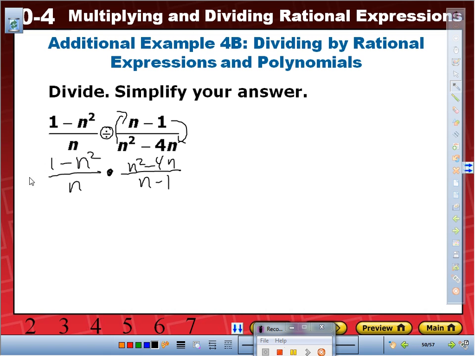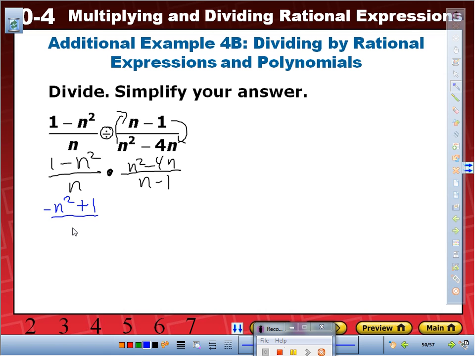Let's focus on the first fraction. For the first fraction, we have subtraction. Do we have a GCF? No, but we notice that the variable is at the end and the constant is at the beginning. Is it in standard form? No, we need to switch these. So therefore, we write negative n squared plus 1. So that became standard form now, right? From highest degree to lowest degree.